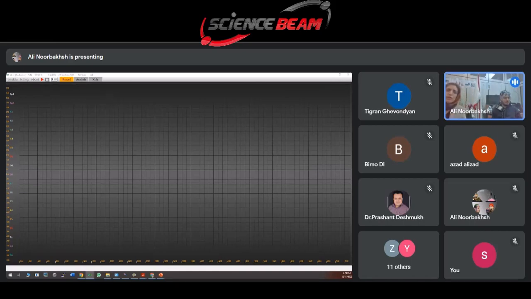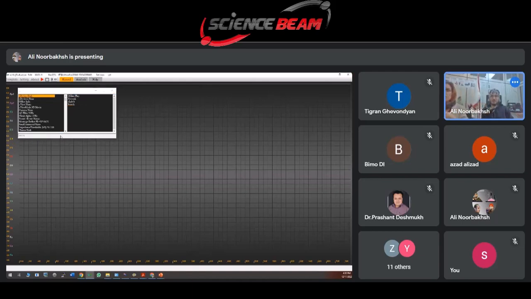I want to connect the device via Bluetooth, okay? So we should search the device. Okay.